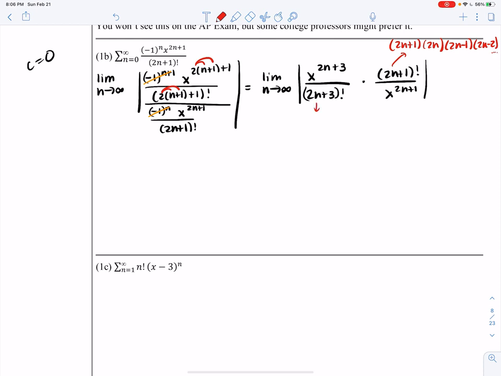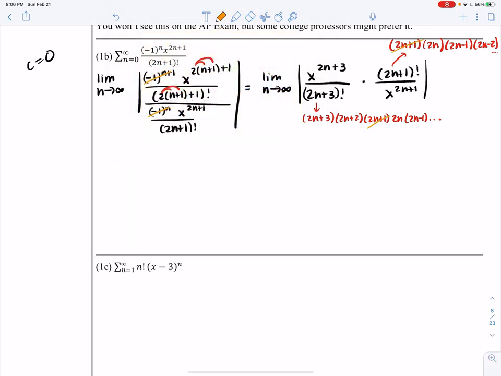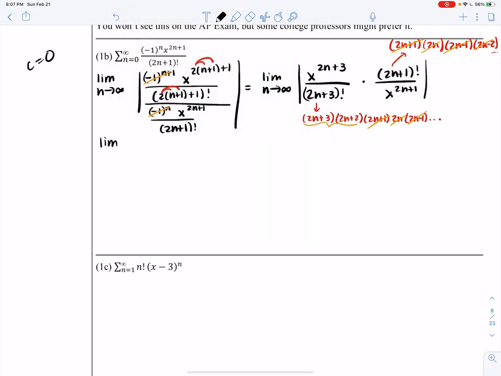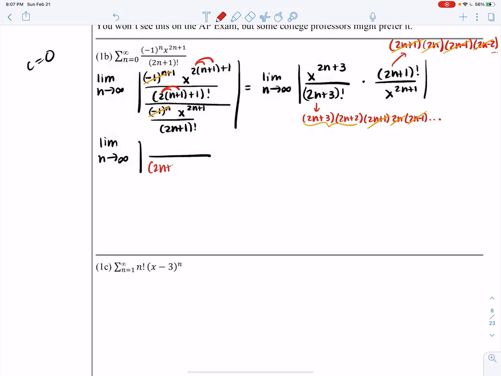In the denominator here, this one would start with 2n plus 3, 2n plus 2, 2n plus 1, 2n, 2n minus 1, dot, dot, dot. So what would eventually happen is the 2n plus 1s would go away, the 2n's would go away, the 2n minus 1s, and everything from here on, leaving you just those two things in the denominator. So my factorials basically are going to simplify down to just give you a 2n plus 3 and a 2n plus 2 in the denominator.